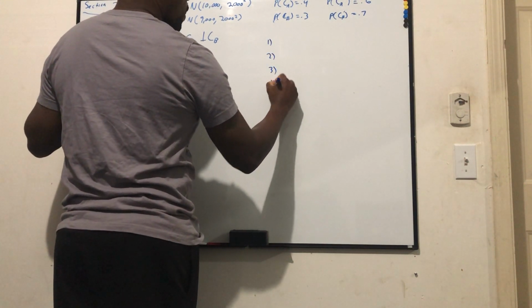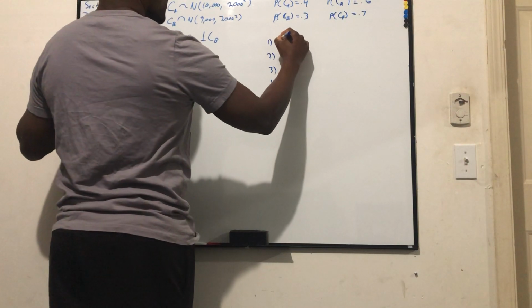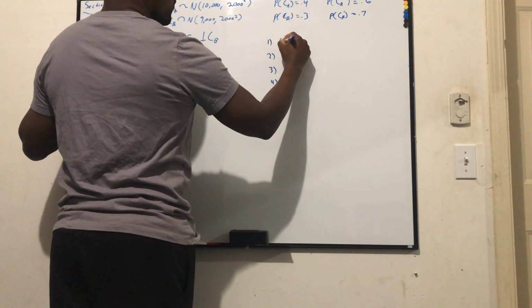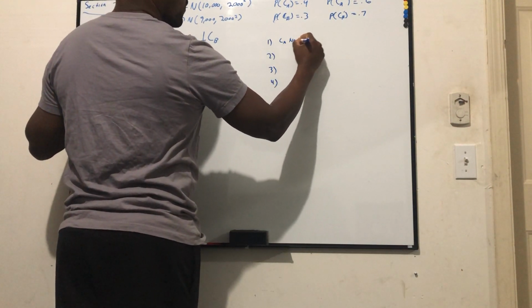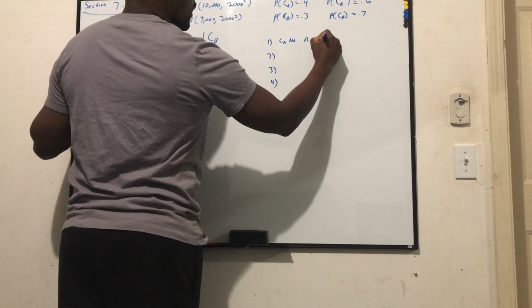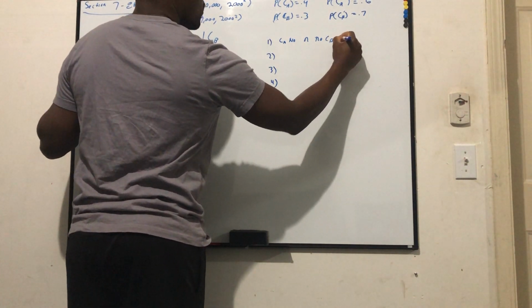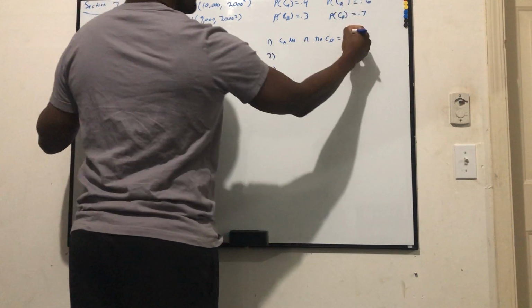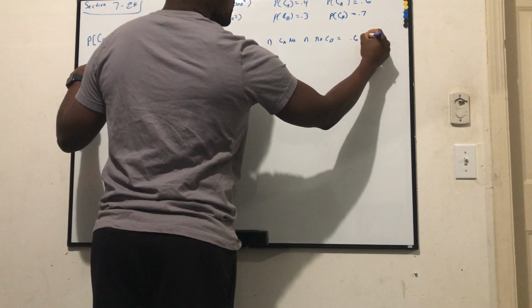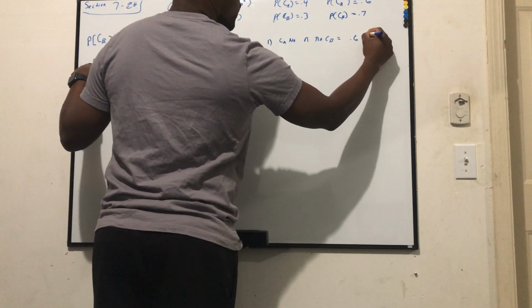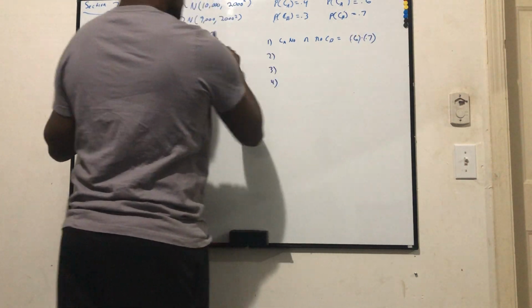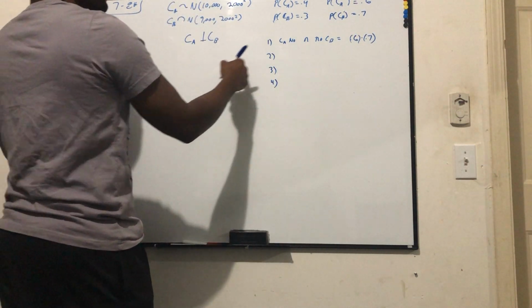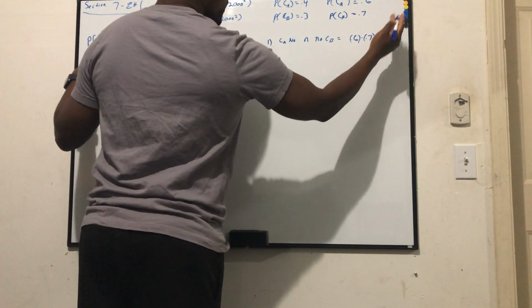First condition is that there is no claim for A, and there is no claim for B. Well, that probability would be 0.6 times 0.7, right? Because we know with independence, we multiply them. So we get this number here.